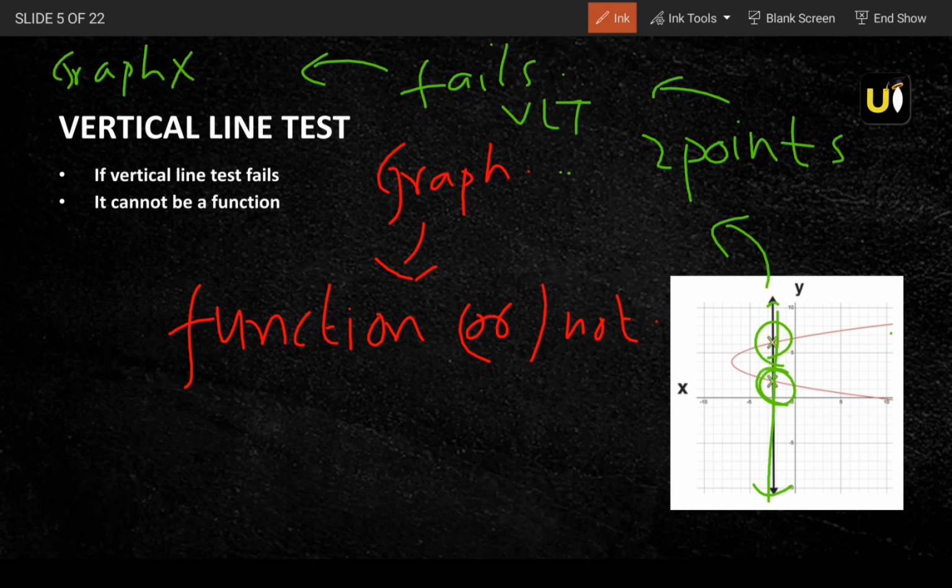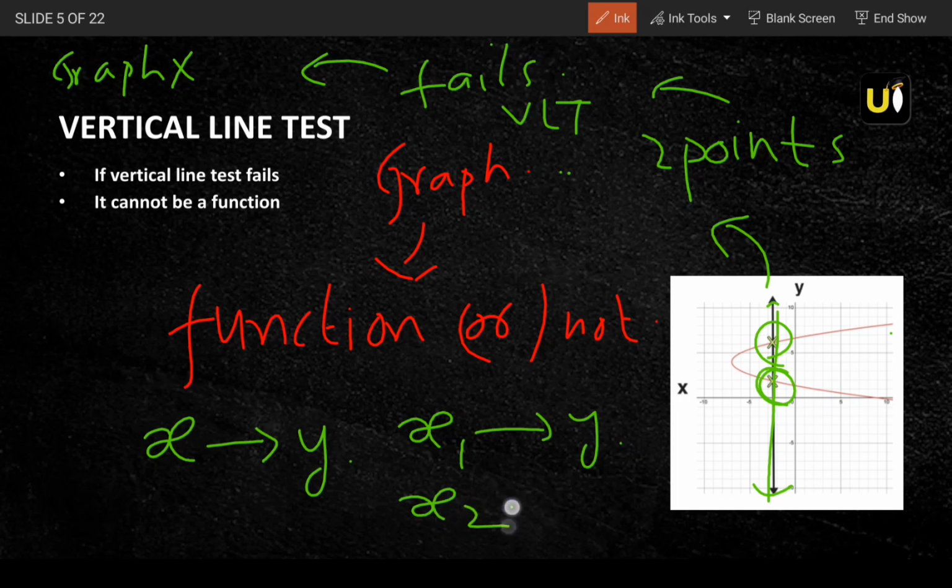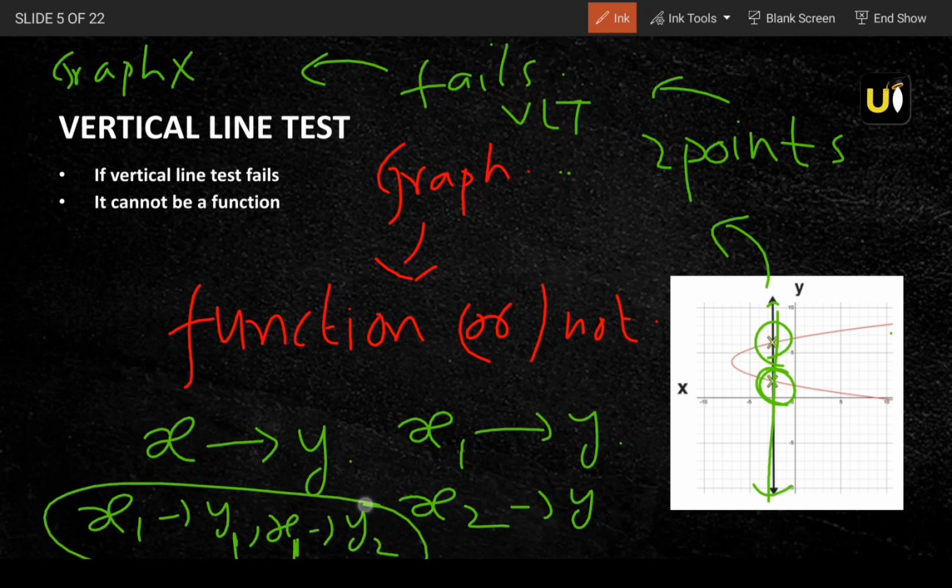Okay, let's see why this happens. According to the definition of function, every x value should map to a single y value. That means x1 maps to y, x2 can also map to y, but x1 mapping to y1 and x1 also mapping to y2 should not happen according to the definition of function.